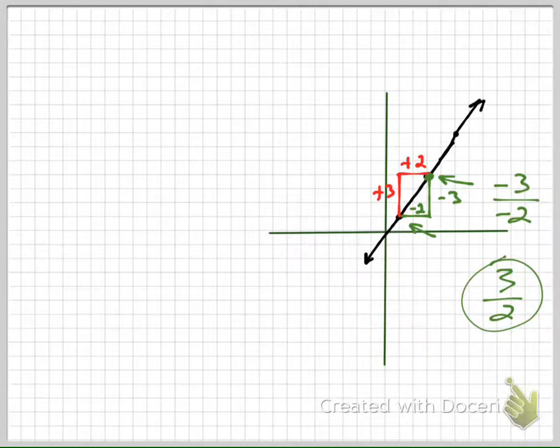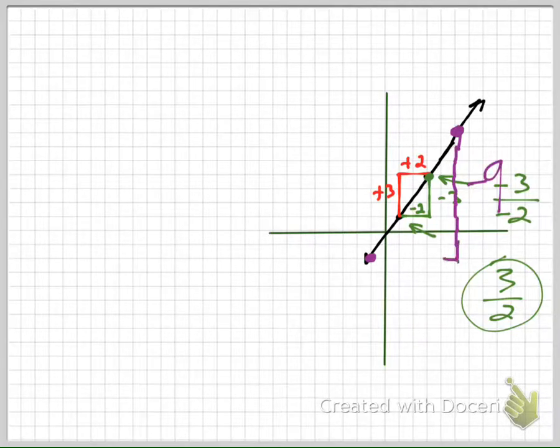I want to go from right here, which is on the line, down to right here, which is also on the line. Do you agree that I'm still on the same line? How does it go from here to here? Well, you have to go down 1, 2, 3, 4, 5, 6, 7, 8, 9. Minus 9. I went down 9.